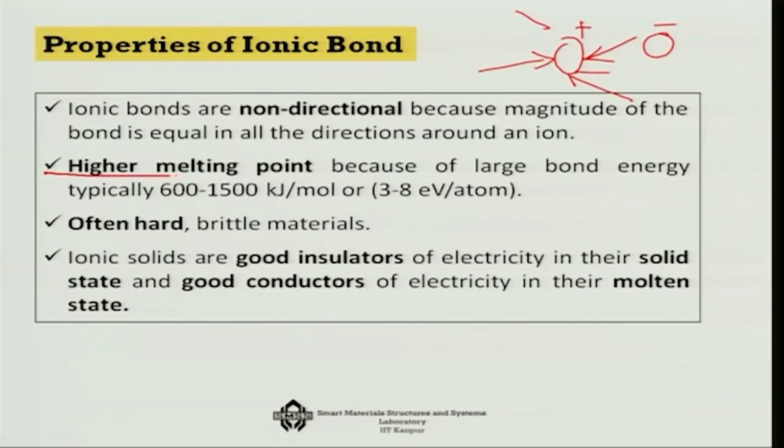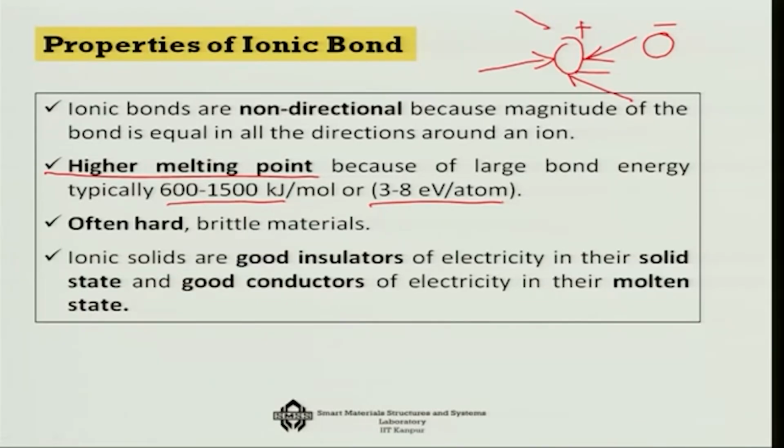Some of the properties we can guess wherever there is predominantly ionic bonding: they have a high melting point. Why? Because the bonding energy in an ionic bond is pretty high, something like 600 to 1500 kilojoule per mole, or 3 to 8 electron volts per atom. You need a lot of energy to break this bond, so they have a high melting point, and they are also often very hard.